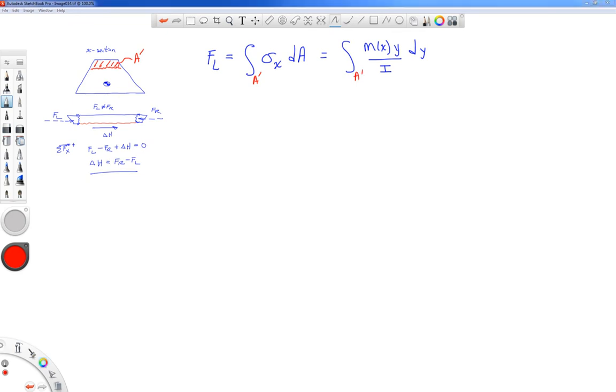And we can write a similar equation on the right side. The force on the right side is going to be an integral of sigma x dA over that same area, A prime. But now we're using the moment, M of x plus delta x.